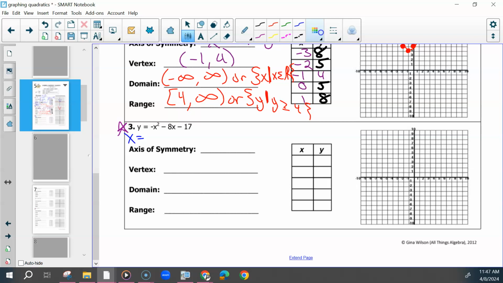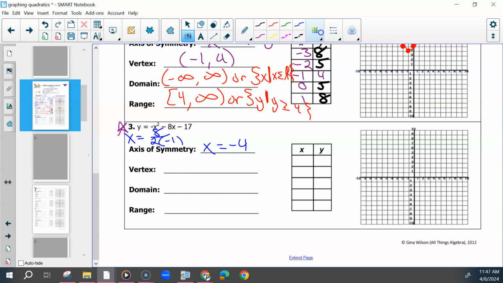How would I set that up? Negative 8 over 2 times negative 1. So you could put negative, negative, or just put the positive. What would our axis of symmetry be? Negative 4. x equals negative 4.